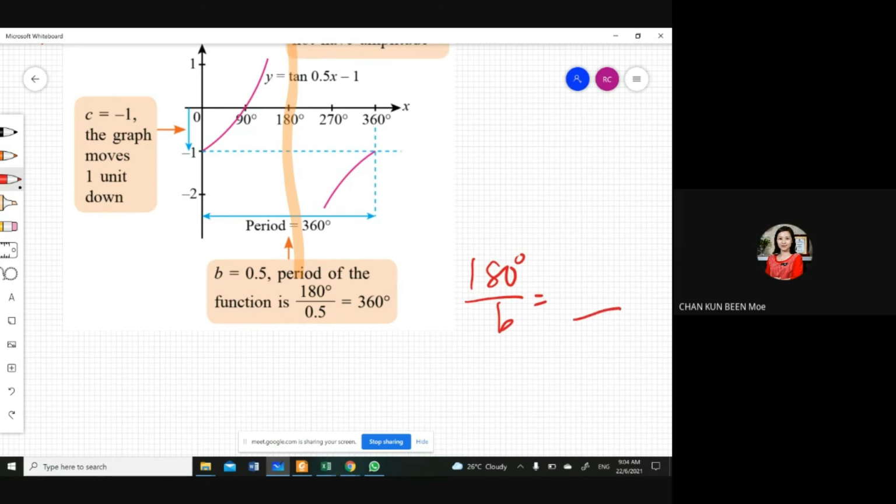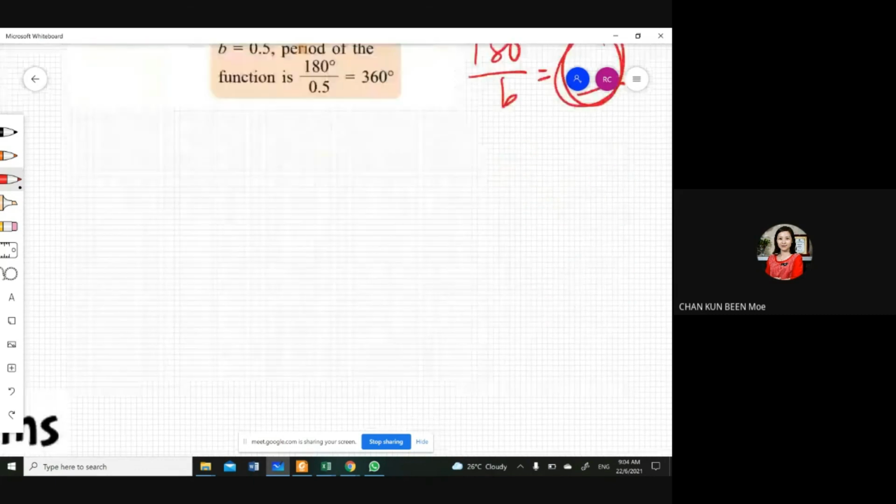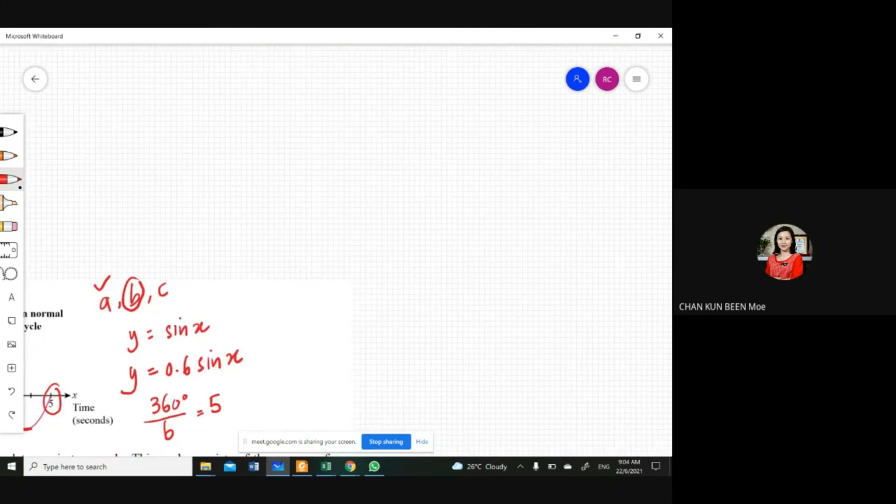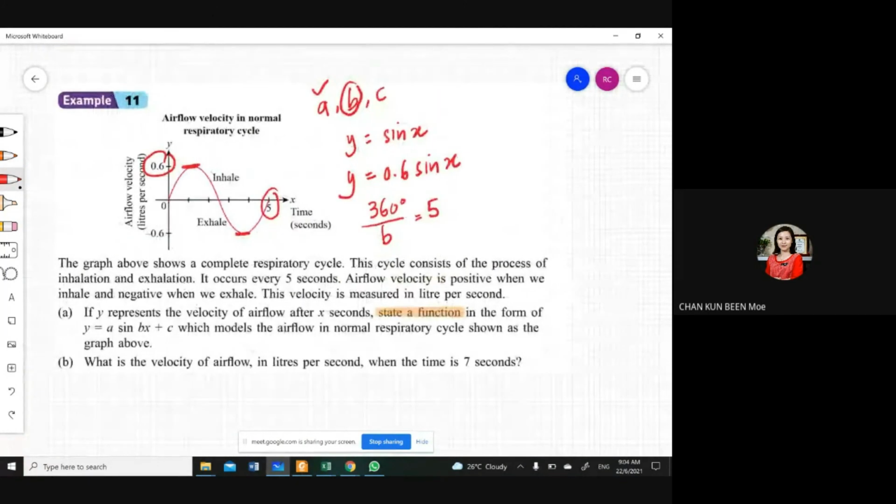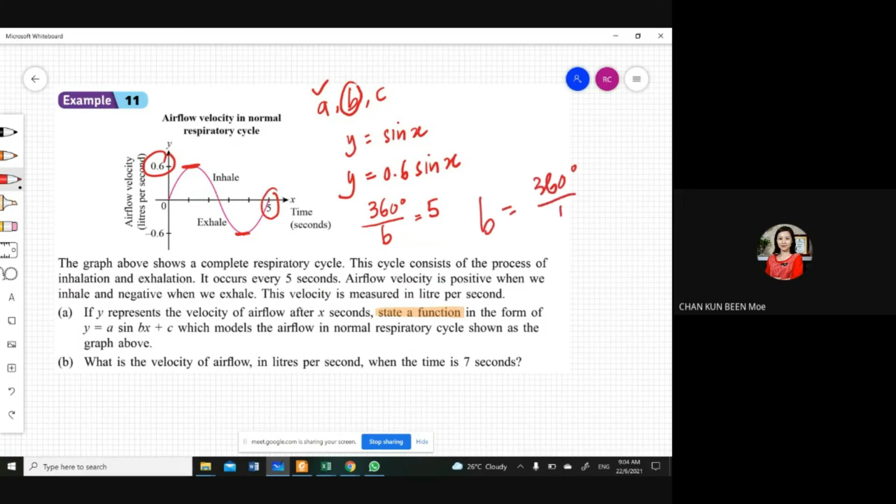Now, in the problem solving question, you are given the answer at the back, so we substitute into it. 360 divided by B equal to 5. Now to get the B, it is equal to 360 divided by 5. So 360 divided by 5, you are going to get 72.